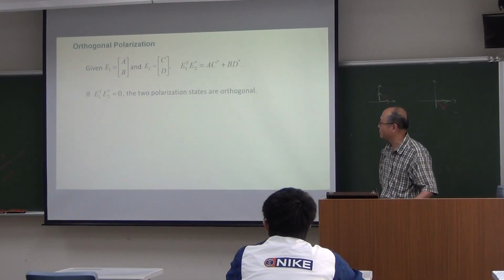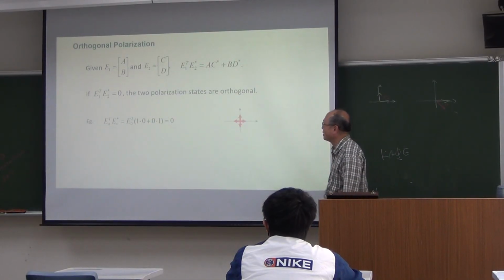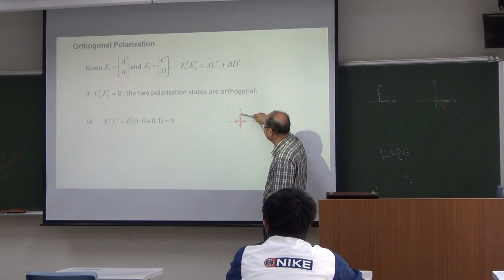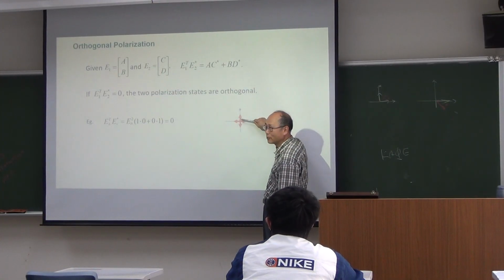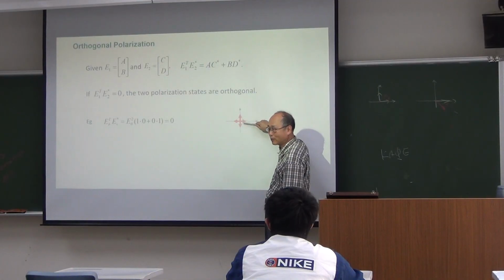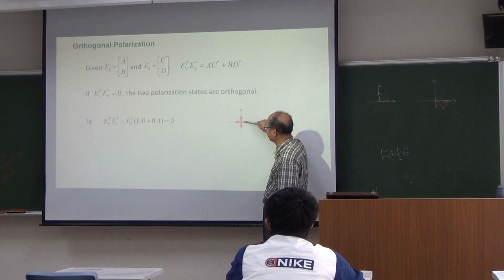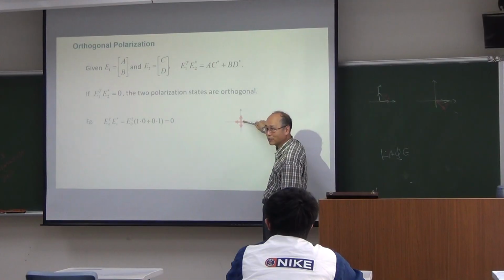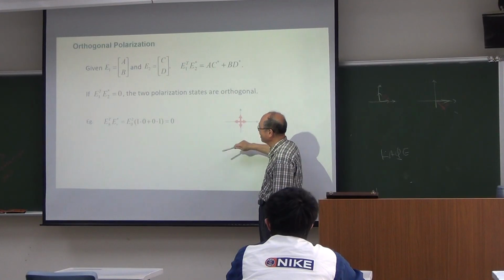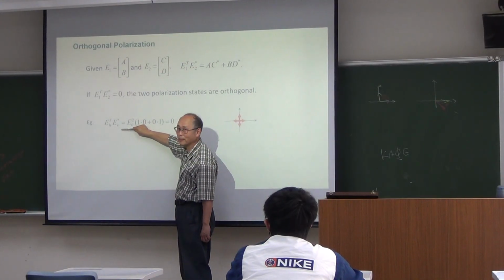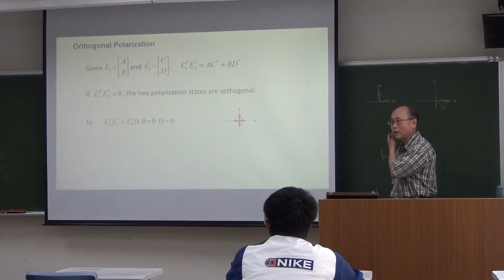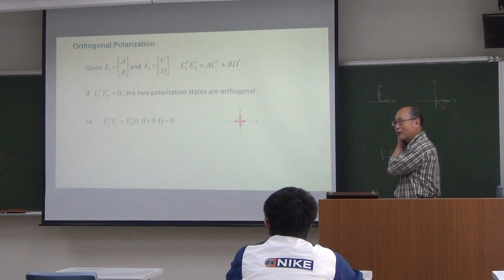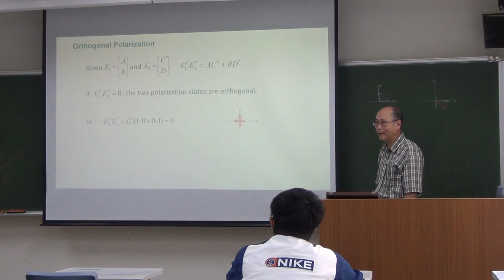And you can quickly do a check. For example, if you have this linear polarized light denoted by 0, 1 for the Jones vector, and this polarization state of light denoted by 1, 0, then you finish this calculation and get nothing. Okay. So this is how you check whether or not the polarization states of light are orthogonal to each other.